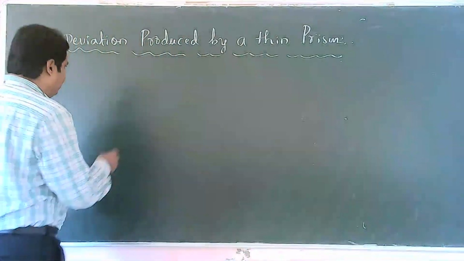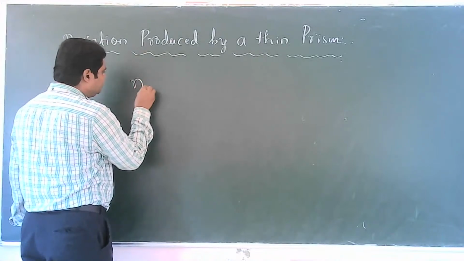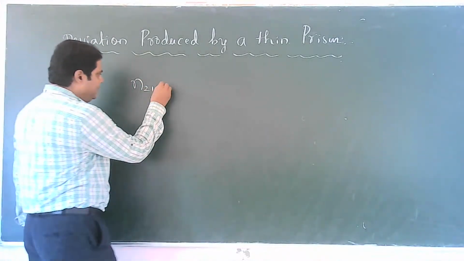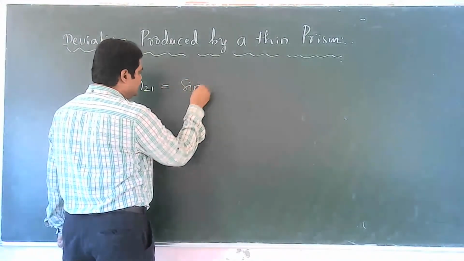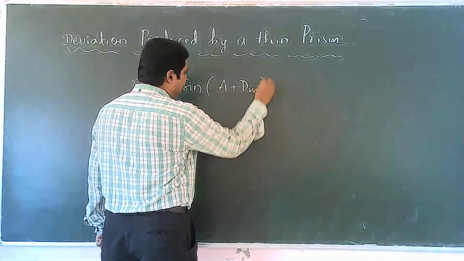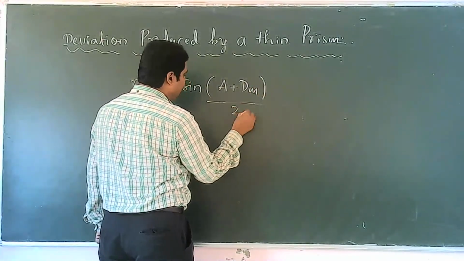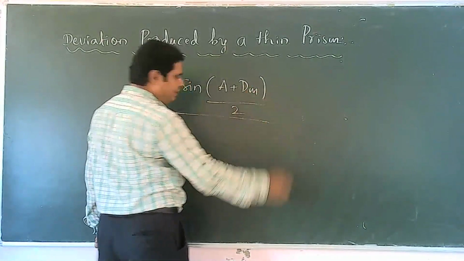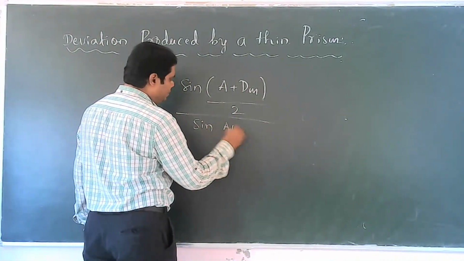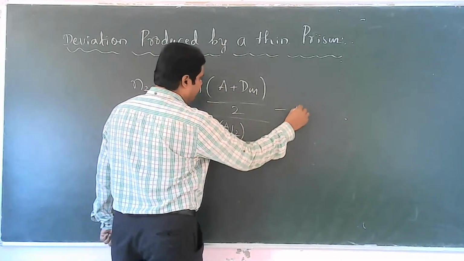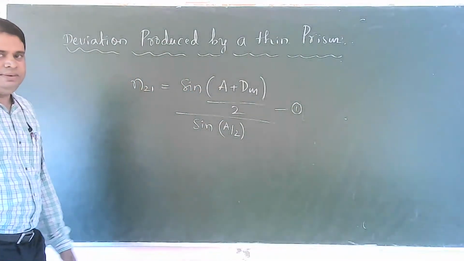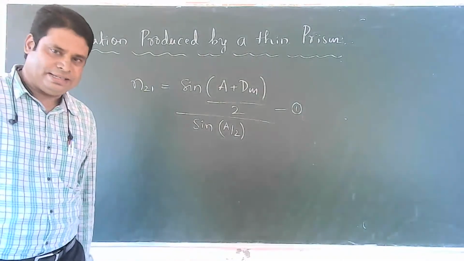We know the refractive index of prism is given by n21 is equal to sin of (A plus dm) by 2, where dm is the angle of deviation, divided by sin A by 2. Say equation 1. We derived this equation in the last class.